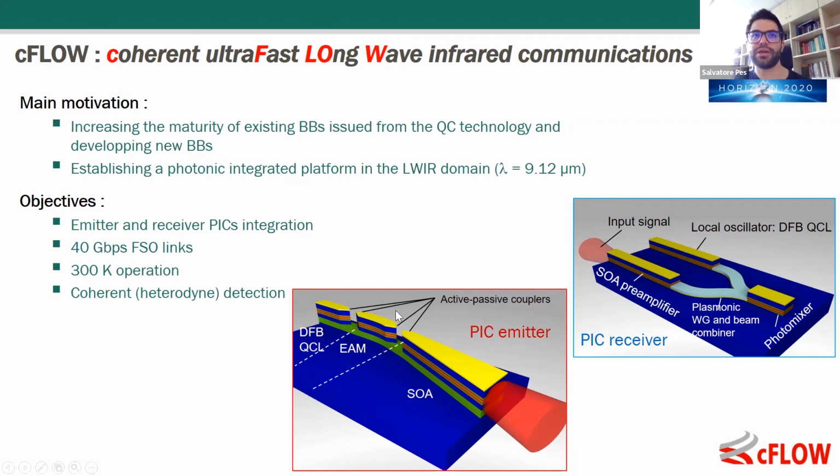So we are here at the 3-5 Lab and also École Nationale Supérieure working on the modulators, and this is one of the least mature building blocks that we need for telecoms.